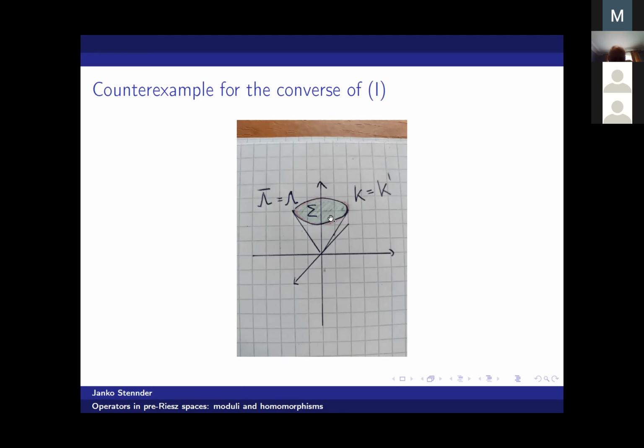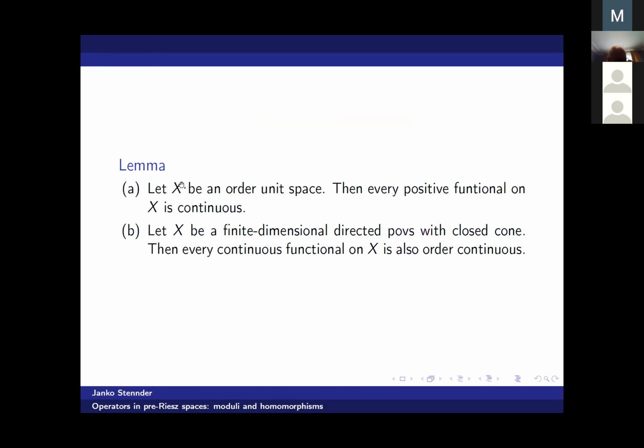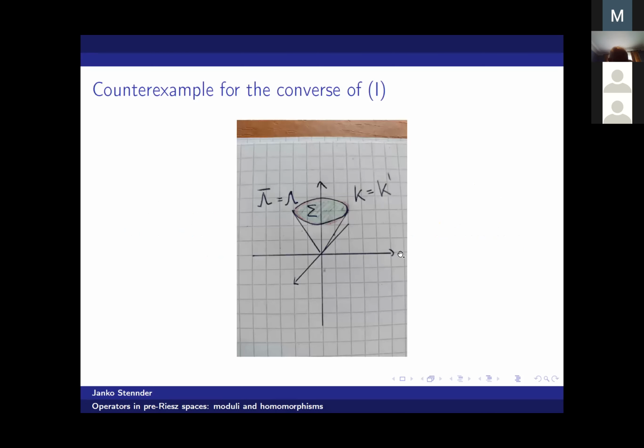So if you now just take some arbitrary element in the set lambda bar, then we know that since the space with the ice cream cone is actually an order unit space, this functional is continuous. And since it's also a finite dimensional directed partially ordered vector space with the closed cone, then this functional is also order continuous.